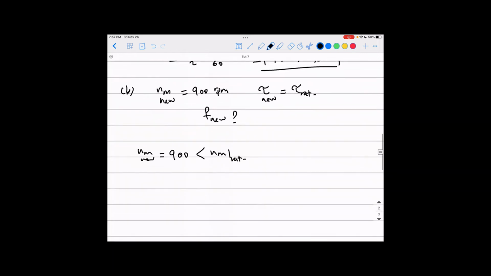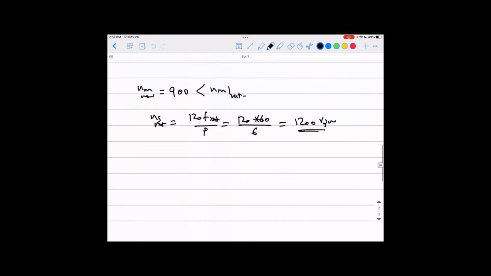Anyway, the whole point is, what is the N S rated? The N S rated equals 120 F, or F rated, over P, which is 120 multiplied by 60 over the number of poles, which is 6. That is 1200 RPM. Keep that in mind. Your N M new is less than the synchronous speed rated.